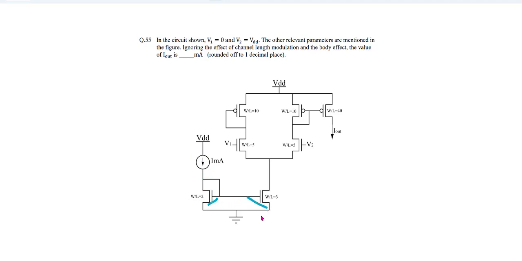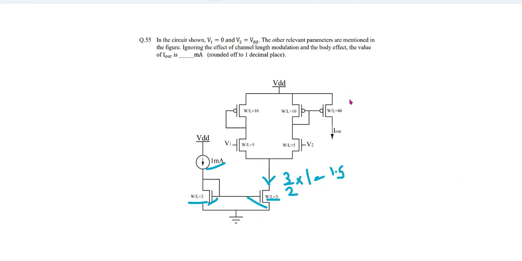Then the drain current in this branch is the W by L of this upon this, into the main current. So here it is 3 by 2 into 1, so 1.5. Now 1.5 milliampere is flowing from this branch.